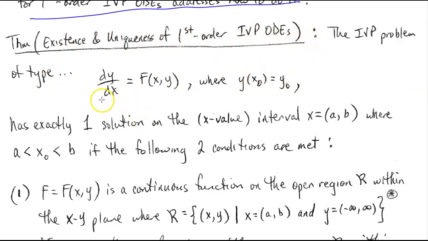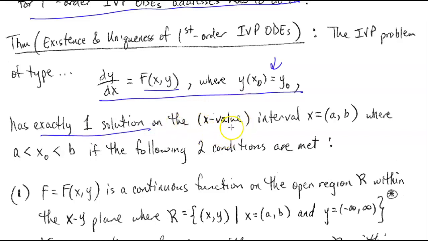If we have an initial value problem of this type, basically a derivative of some function y with respect to x is some expression of x and/or y, and we have some initial condition here, we know that it's going to have exactly one solution on this x value interval, basically in between these two values a and b.